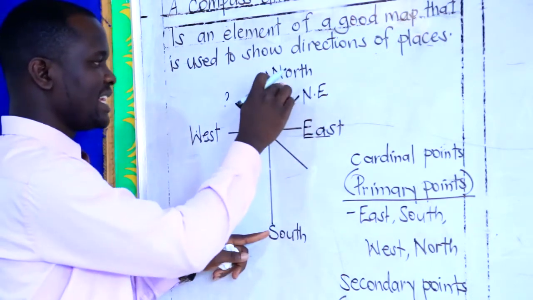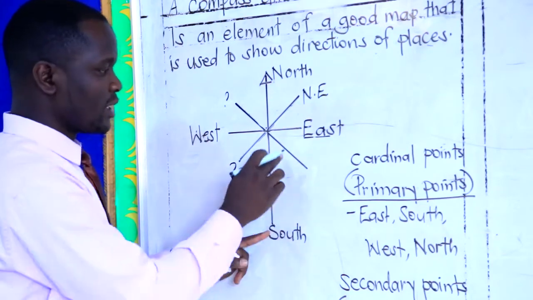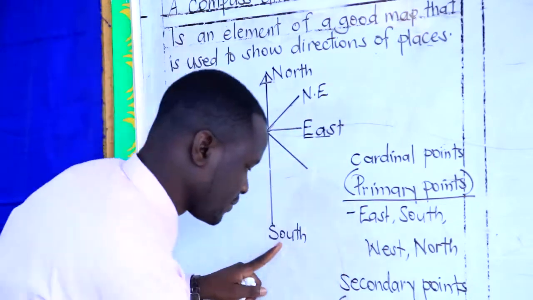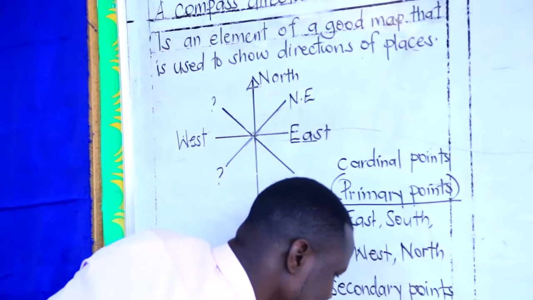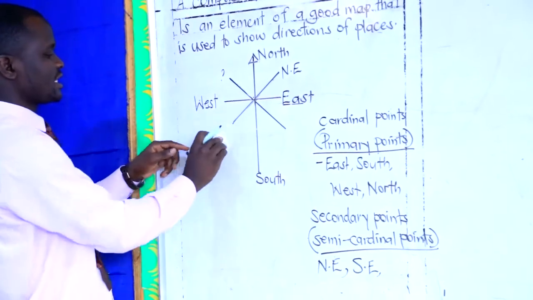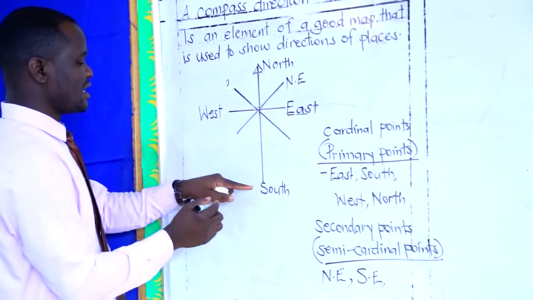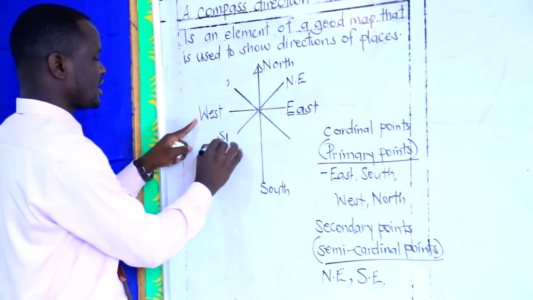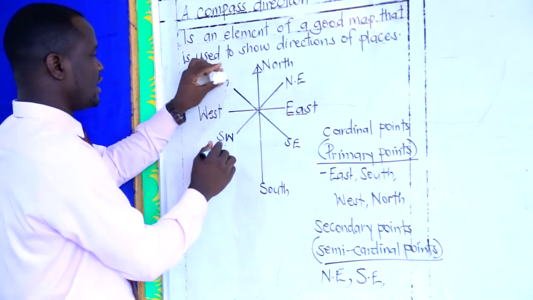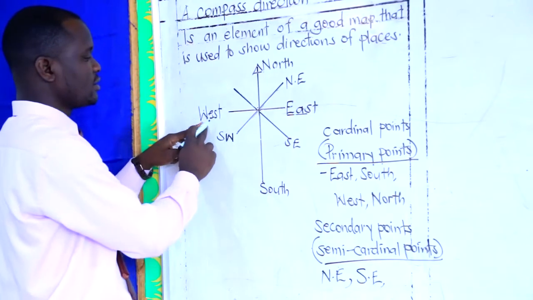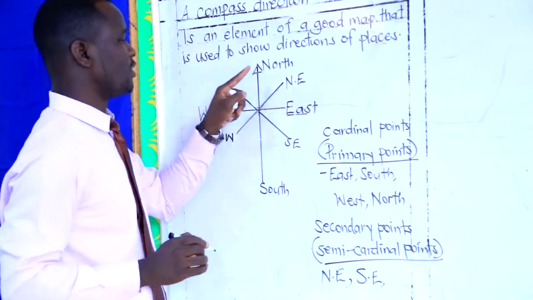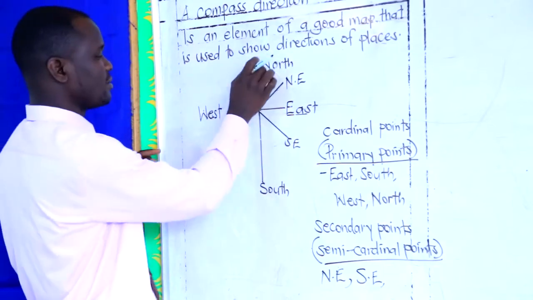So if this one is in the south, then we can call it southeast. Then we come to between south and west. We are going to have this as southwest. Then automatically this one will be, it will not be west-north. Remember I said we begin from north or south.